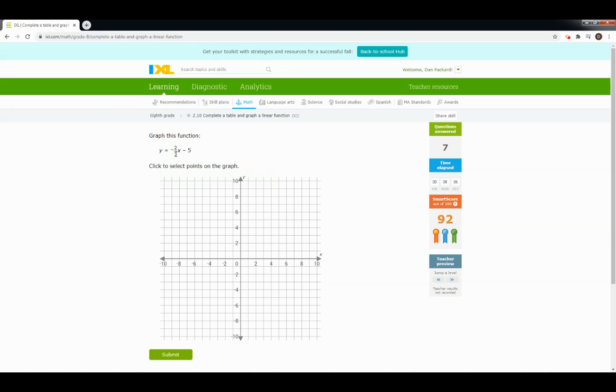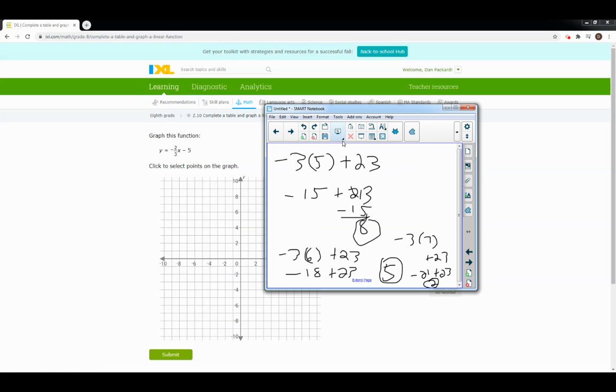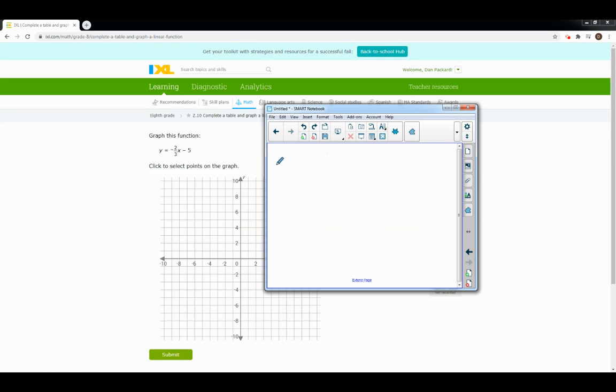Okay, again, here for the fraction, if you're going for that 100, we're going to plug in 0. Here, I'll show you on here. Okay, so we have y equals negative 2 over 3 x minus 5. Again, I'm picking 0 minus 5.